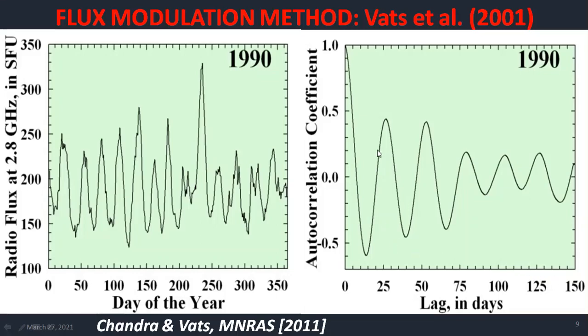Here we can see several secondary maxima in this autocorrelogram, in which the first secondary maximum is higher than the others. That means the first secondary maximum has higher statistical significance than the other maxima. That's why, in order to estimate the rotation period, the first secondary maximum is used.